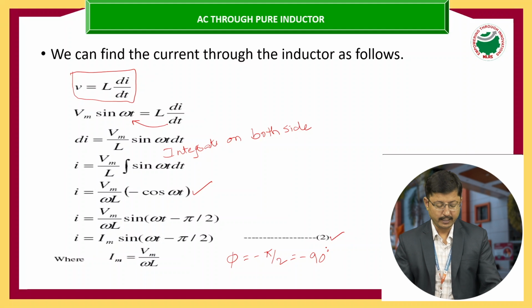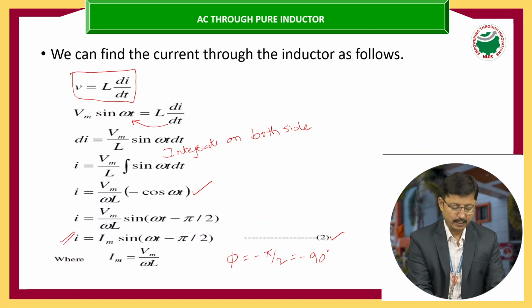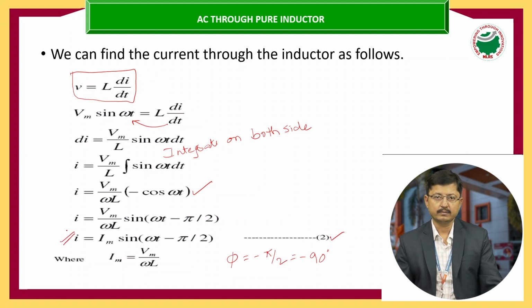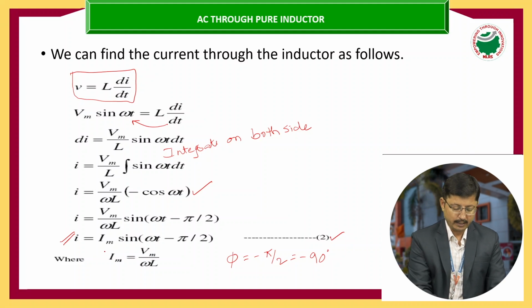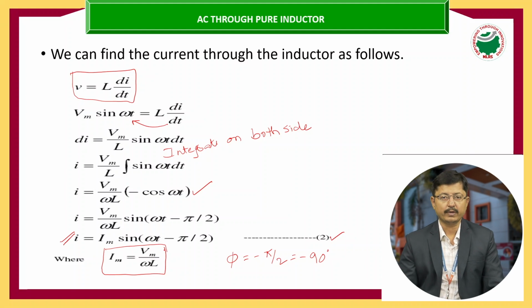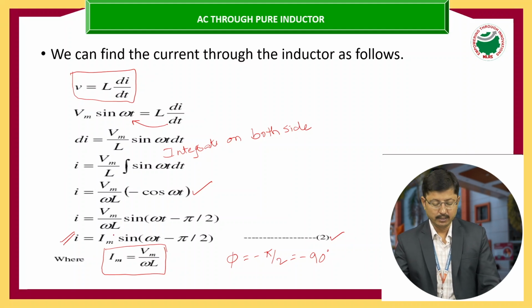That means the current lags the voltage by an angle of 90 degrees. The maximum current is Im equals Vm by omega L. We will see what omega L is now. This is the voltage and current expression.